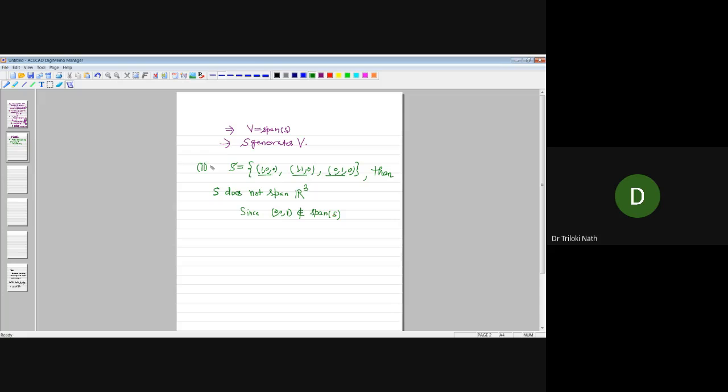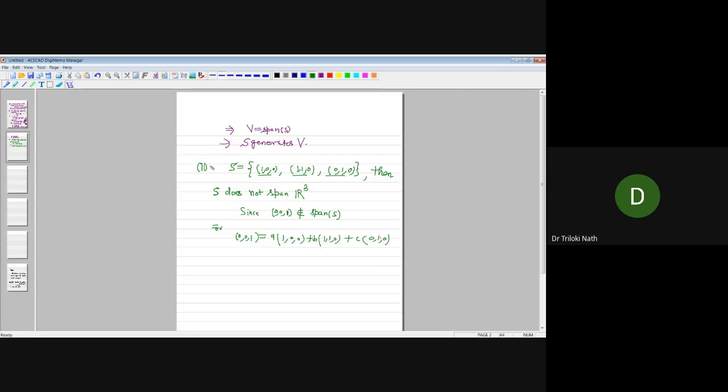So there is at least one vector in R3 which does not belong to span S, and therefore S does not generate R3, does not span the whole space R3, right? If it is not clear to you, let us suppose (0, 0, 1) is equal to A times (1, 0, 0) plus B times (1, 1, 0) plus C times (0, 1, 0).